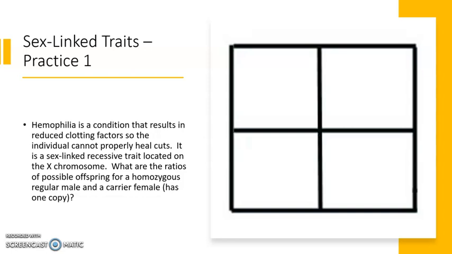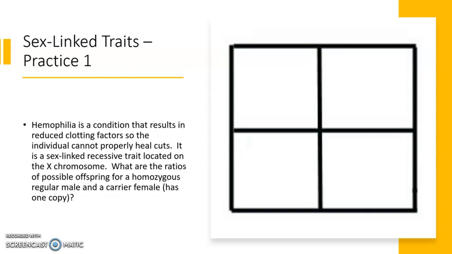So an example of a sex-linked trait is hemophilia. Hemophilia is a condition in which the individual has reduced clotting factors, so their blood can't properly clot. It's a very dangerous condition because when you get a cut, you can bleed profusely from a very small cut because your body is not properly healing.